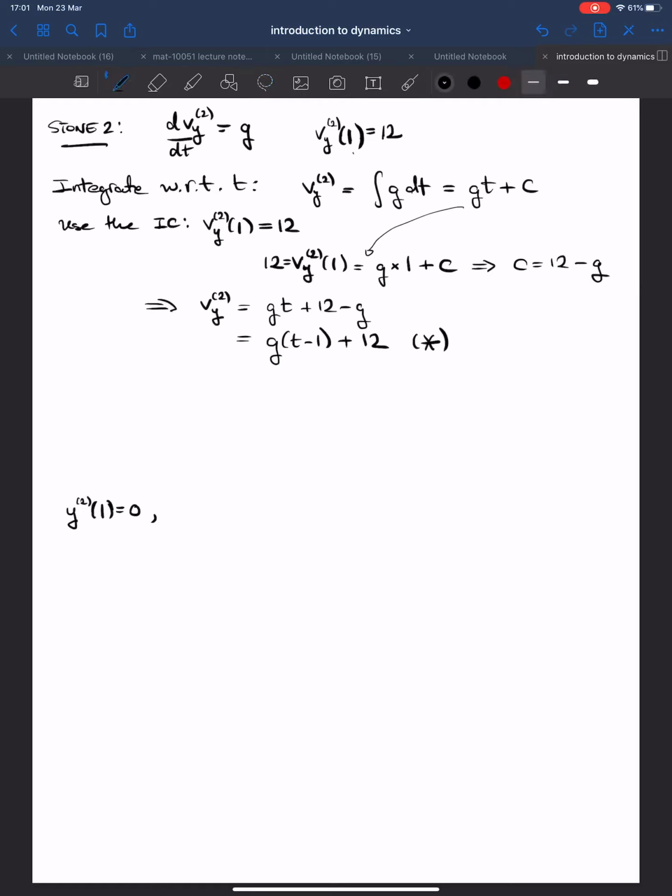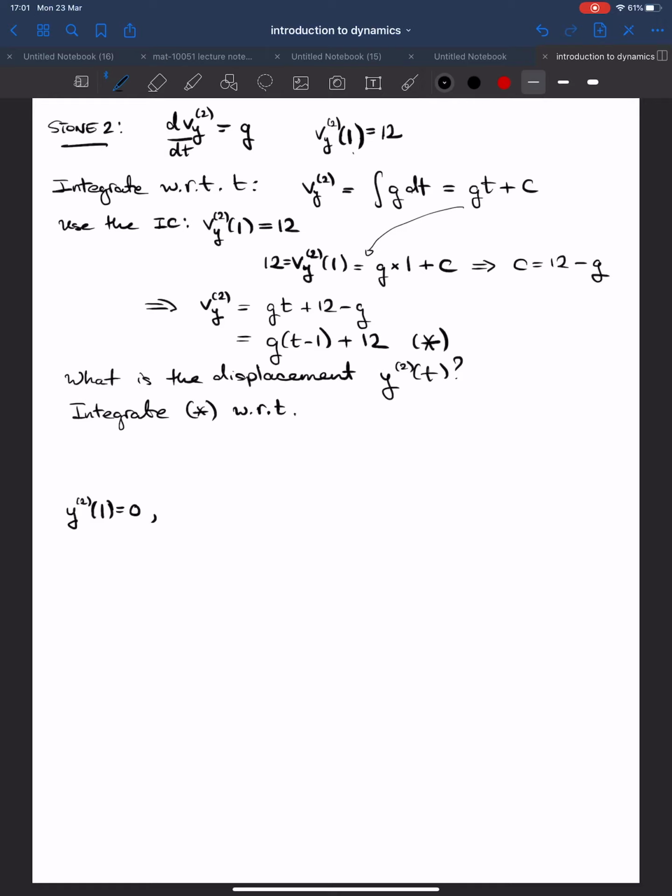So what can I do next? Well, what I'm interested in is the displacement, and then in a bit it starts to get a little messy. y2 of t. Well, for this I just have to integrate star with respect to t. Now watch what I do.